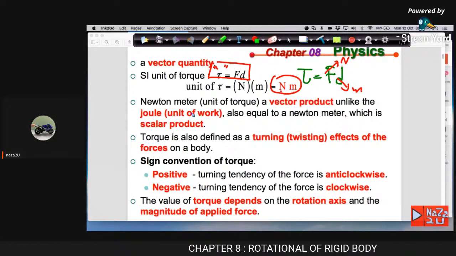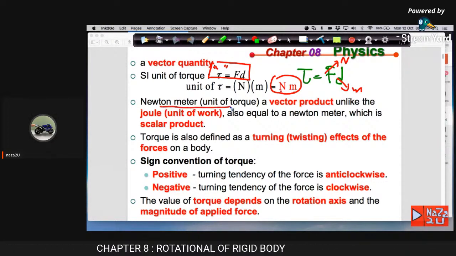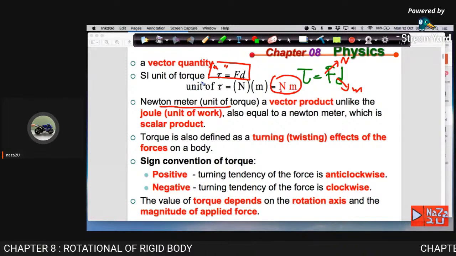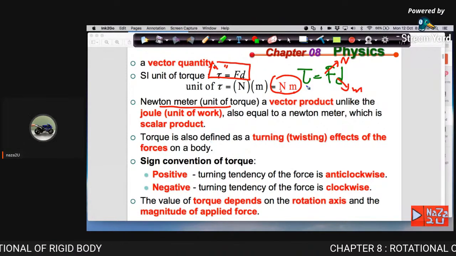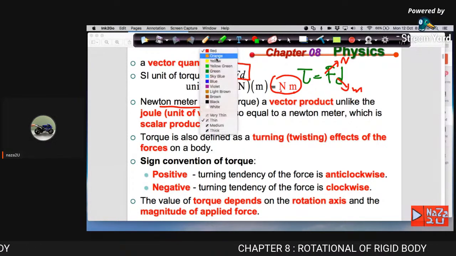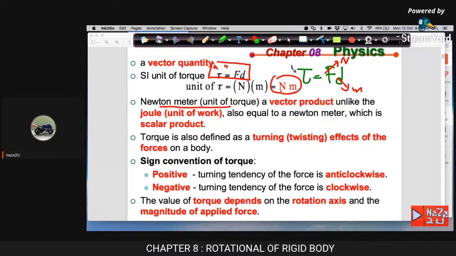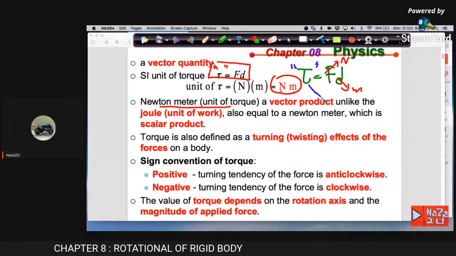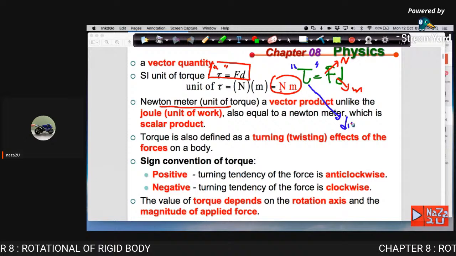This is a vector product. Torque is a vector, so it must have a direction.